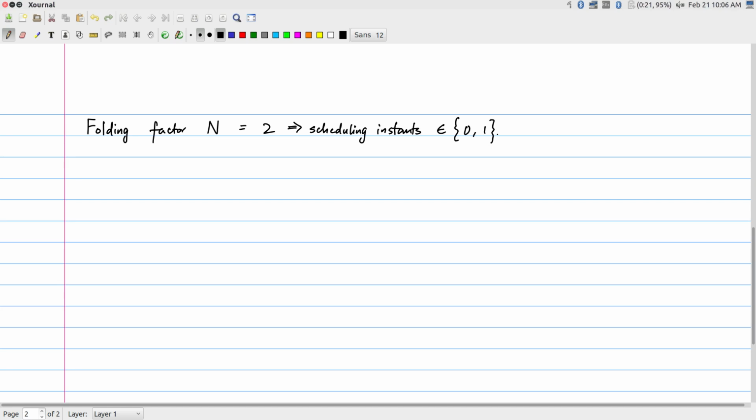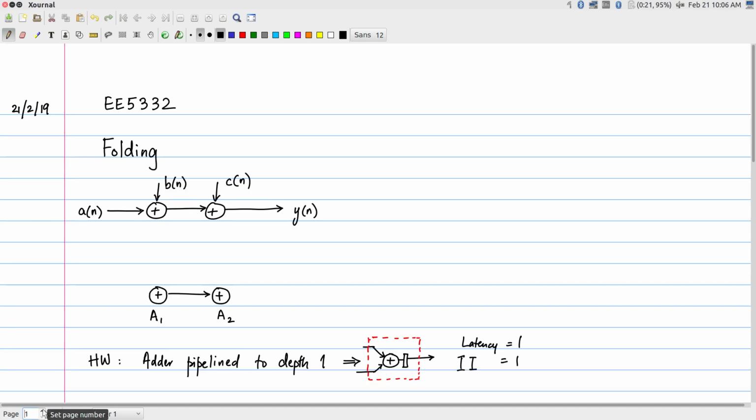So any of the operations A1 and A2 need to get scheduled in either time 0 or in time 1. And also, as we discussed yesterday, from just observing this data flow graph, we can pretty much see that A2 has to happen after A1, and in fact, one cycle after A1.